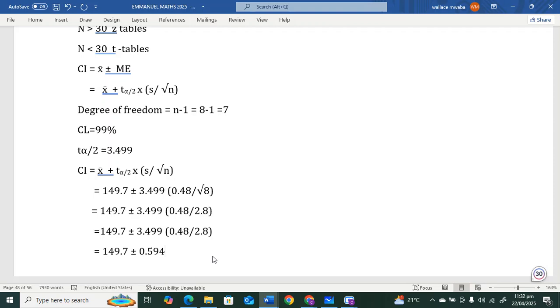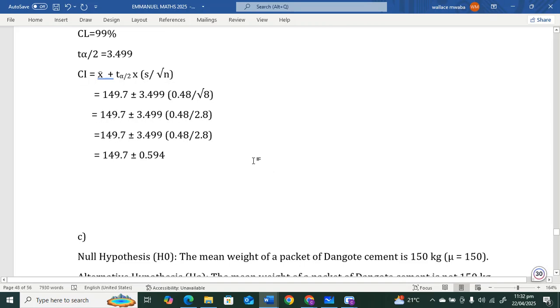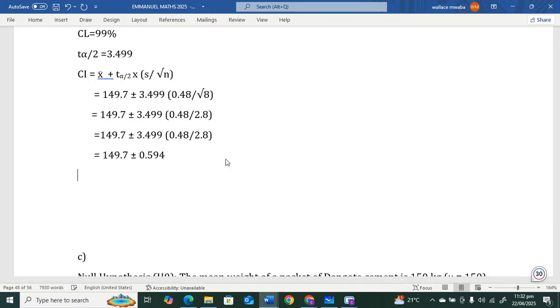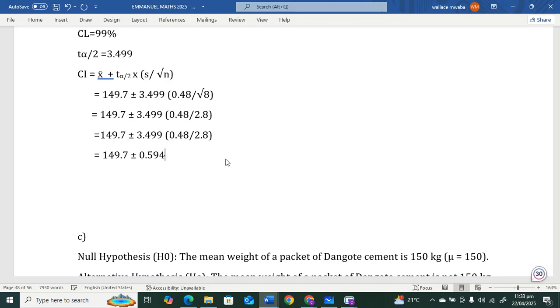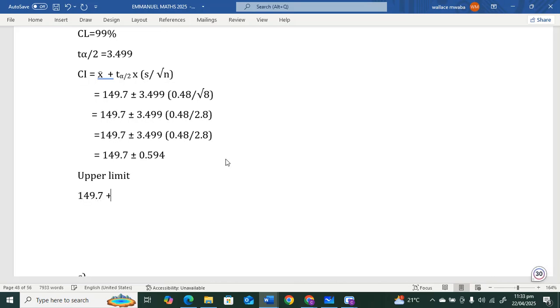Remember, our confidence interval has an upper limit and a lower limit. For our upper limit, we say 149.7 plus 0.594. What do we get?